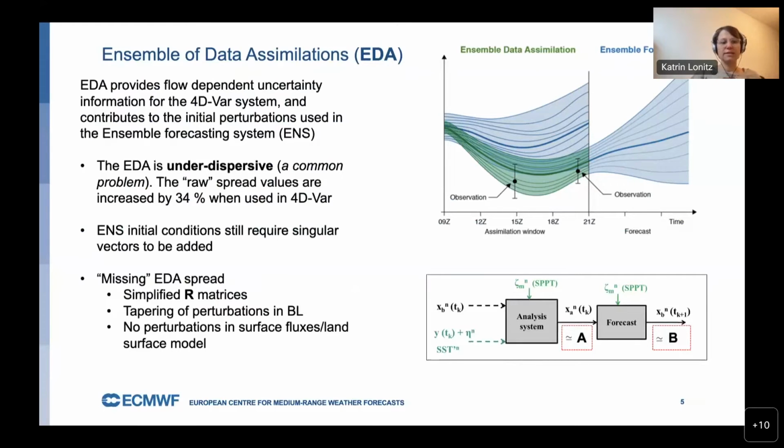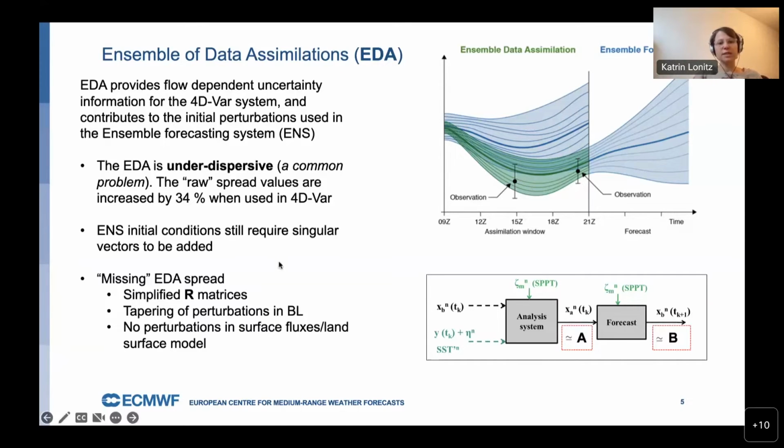In our case, the raw spread values I'm going to show you are increased by 34% in operations when used in the 4D system. And the ensemble forecasting system still requires singular vectors to be added to get realistic spread values.